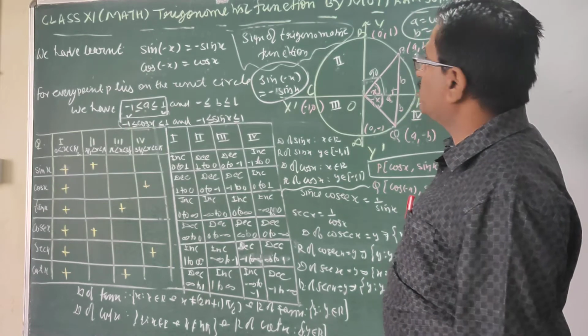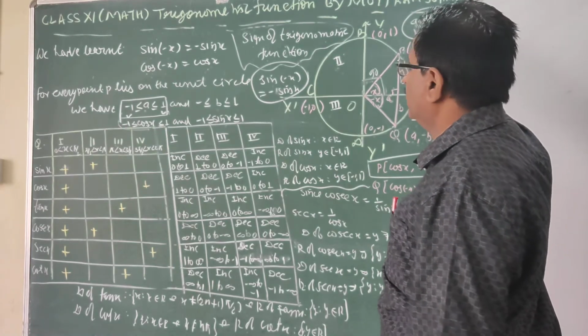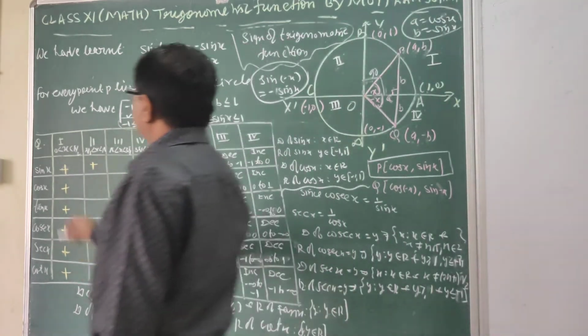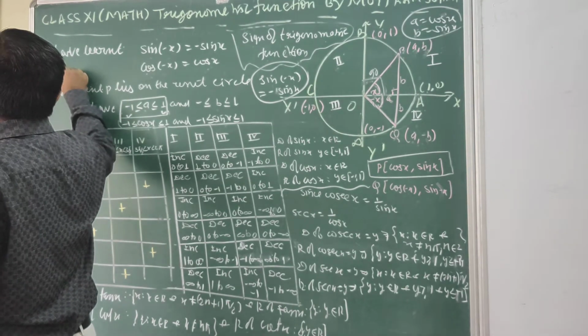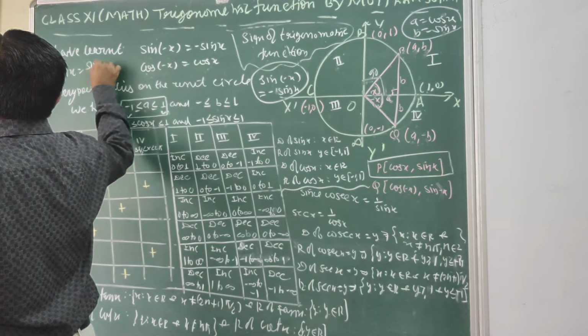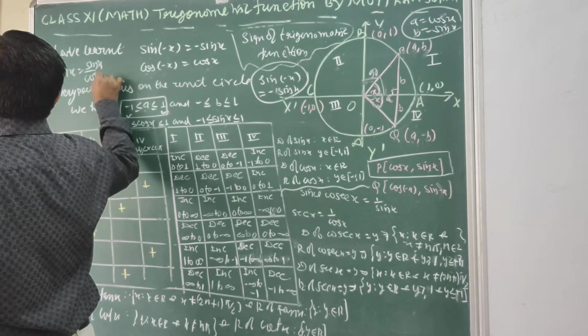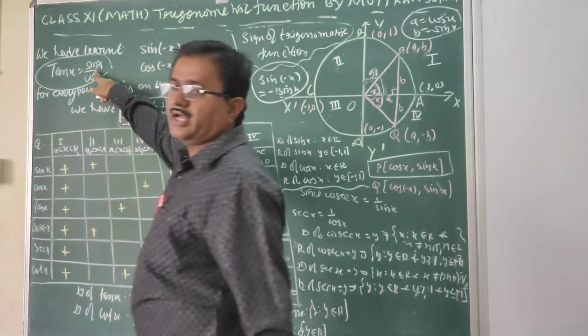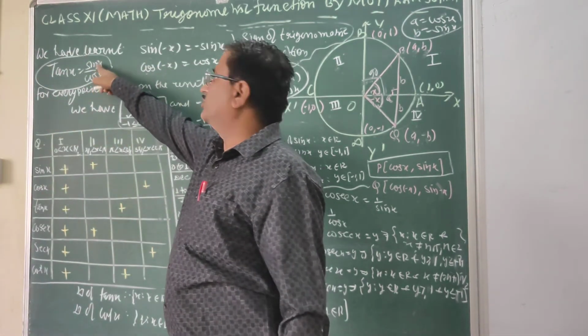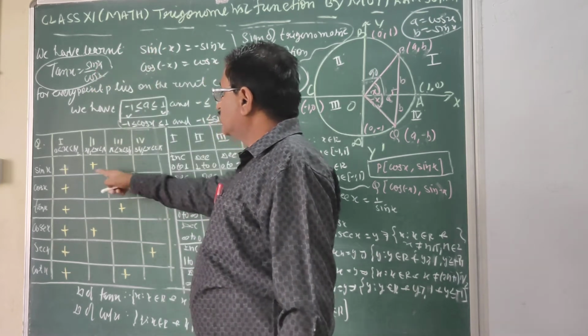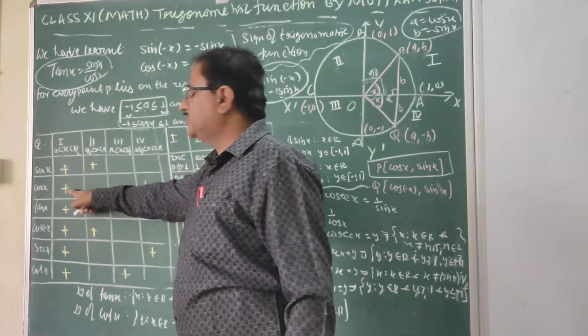Now sin x positive, cos x positive. So we know that tan x is sin x upon cos x. So sin positive, cos positive, positive divided by positive, tan is positive.